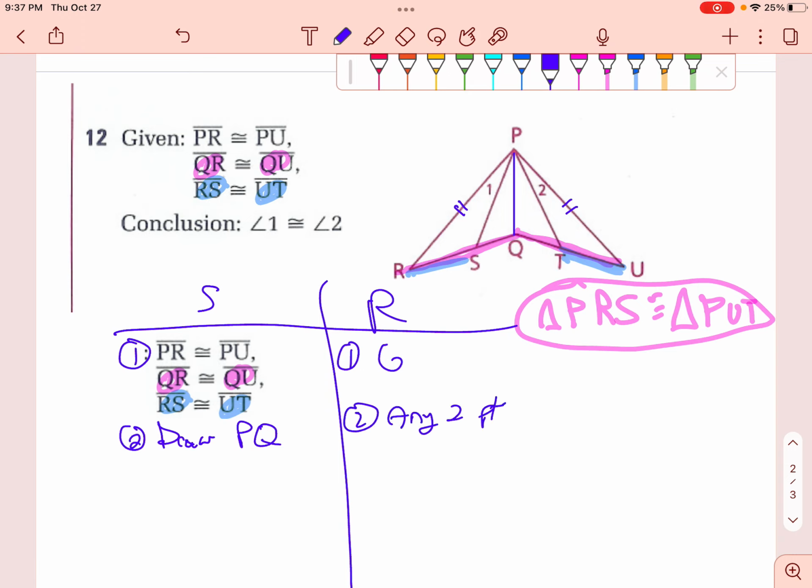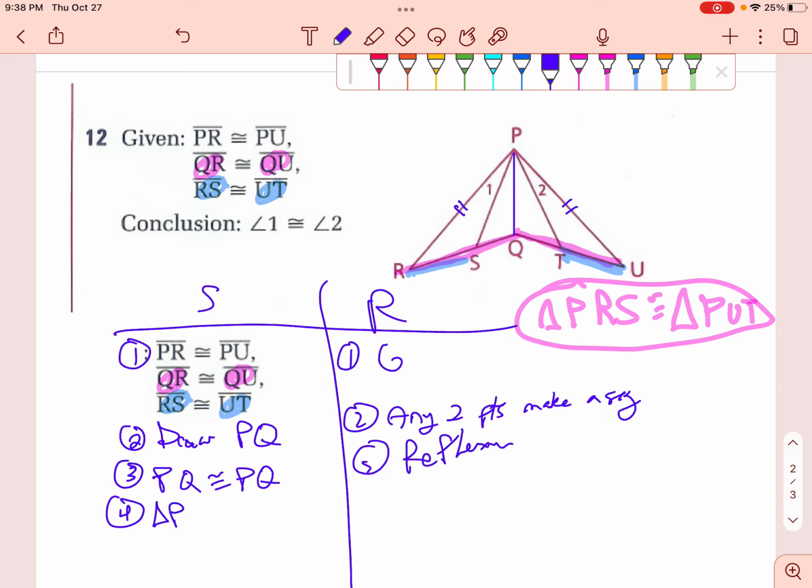Any 2 points make a segment or a line. And so I can now say that PQ is congruent to PQ, and that's the reflexive property. And now I can say that triangle PRQ is equal to triangle PUQ by side, side, side, which is in step 1 and step 3.